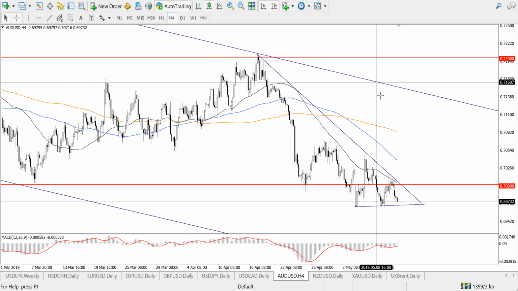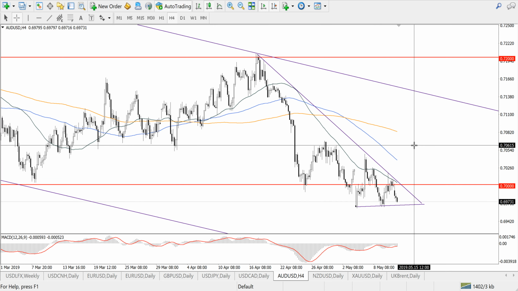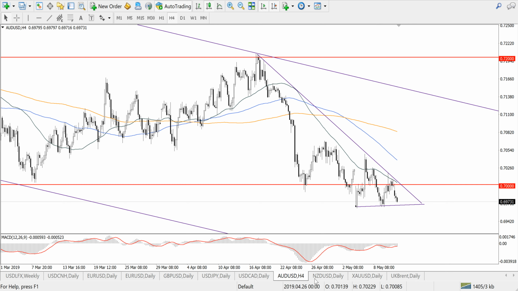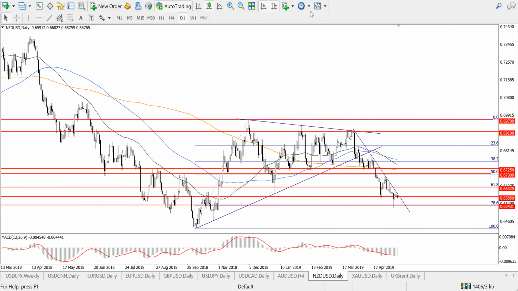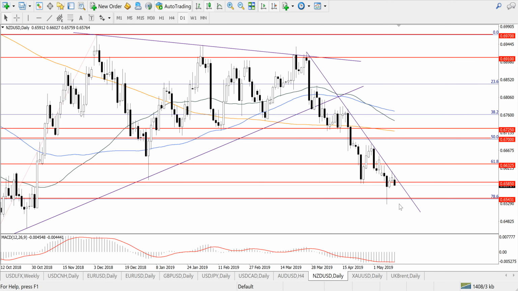In this case, if the pair manages to do that, we'll target levels around 0.7060.